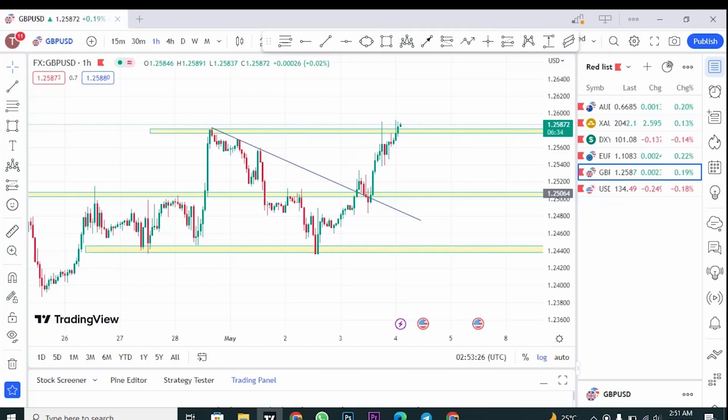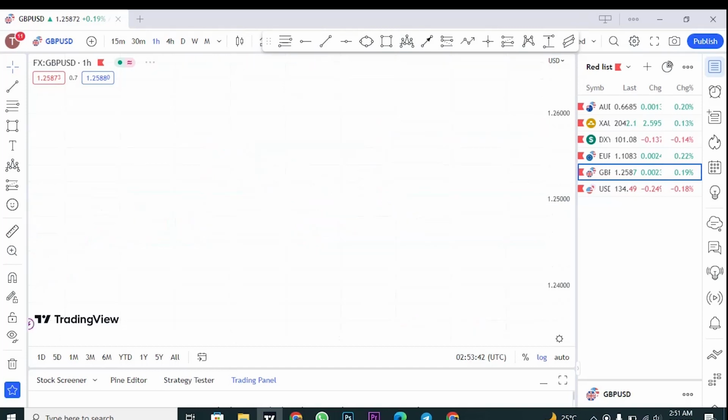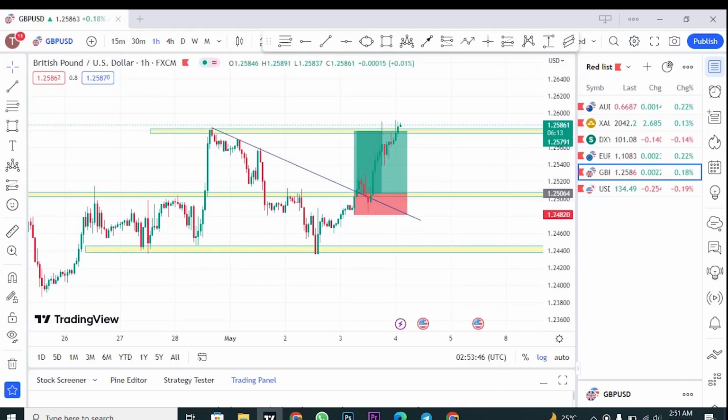So in my previous analysis, you can see I analyzed a few pairs for a bullish movement to the upside. Now I took the position and the position failed because I was not there to monitor my trade for my trade to run perfectly.